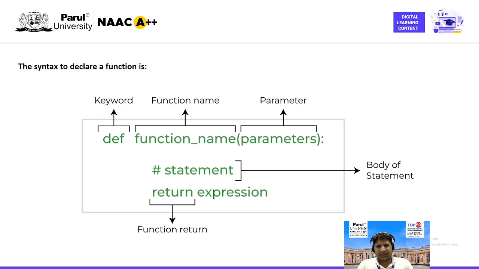Here we can write whatever we want to do with the help of the function. When the function executes, these statements get executed and a result is generated. The next one is the return expression. The function executes the statements and generates an output, and the return statement returns the output outside the function body.